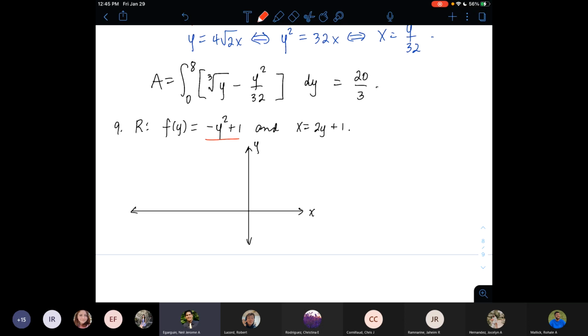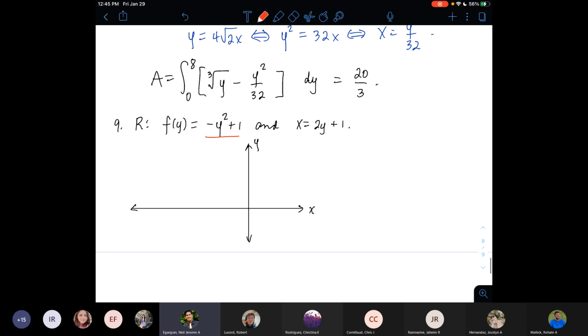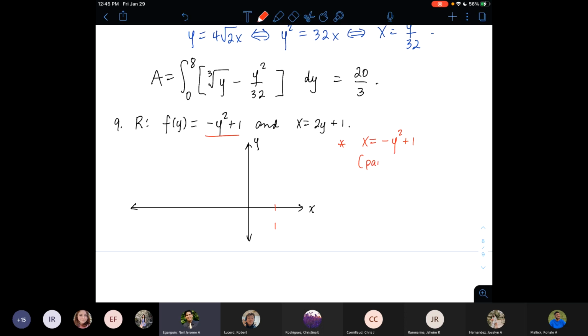When y is equal to 0, x will be 1. Right, so maybe I should put that here. I have x equals negative y squared plus 1. That's the first function. This is a parabola opening to the left. Actually, it's not technically a function of y, but a relation in y.